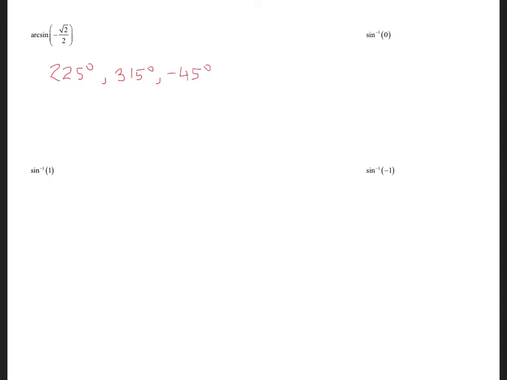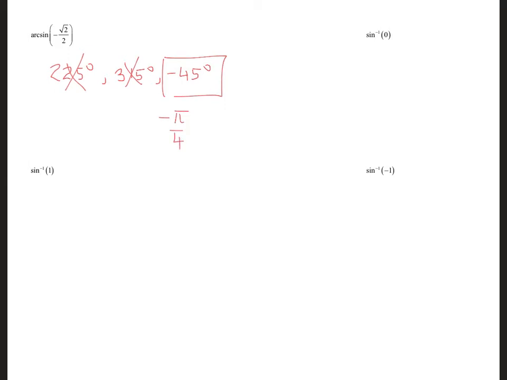Those are all the possible angles, and sine inverse is only defined in quadrant 1 and 4. I have to keep remembering that, and I have to remember the other criteria. It has to be between -90 and 90 degrees. So it cannot be this one, cannot be that. So it can only be -45, which is the same as -pi over 4.